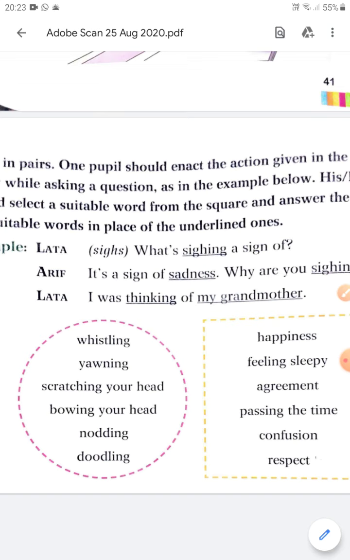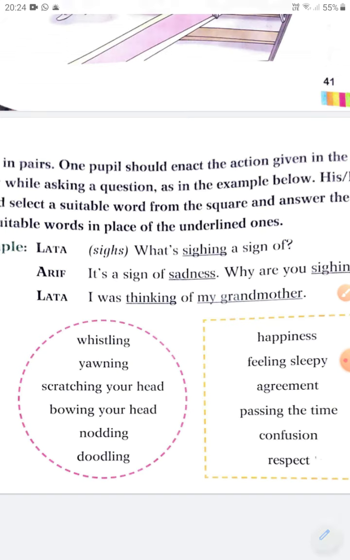When somebody is sad, says, oh. So this is sighing. So he says it's a sign of sadness. Why are you sighing? Lata says, I was thinking of my grandmother. Means maybe her grandmother is already dead. So she's thinking about her grandmother and so she's feeling sad.